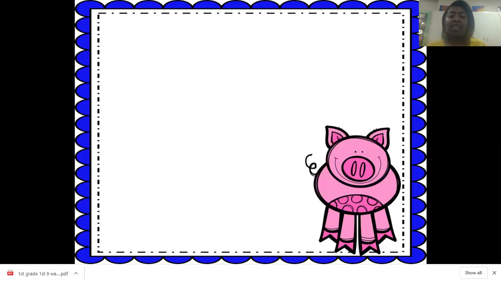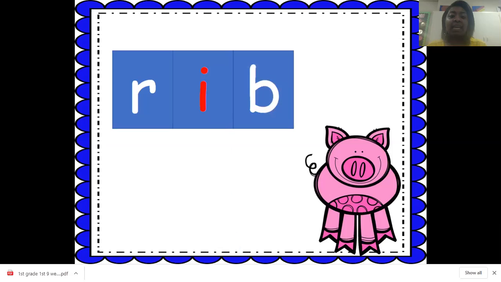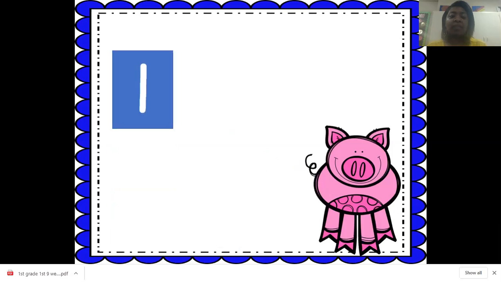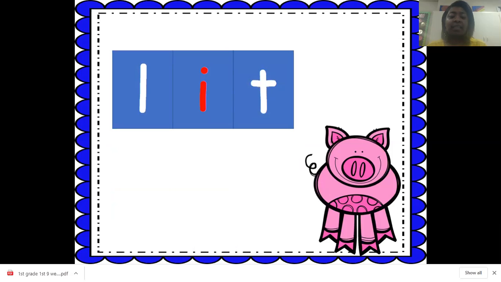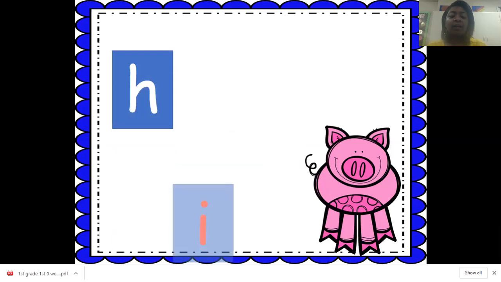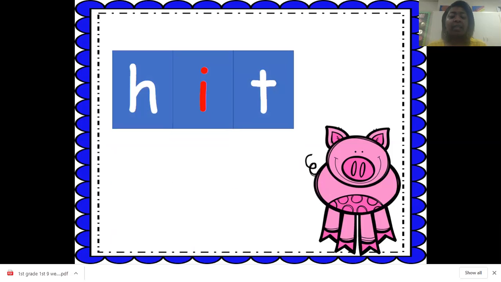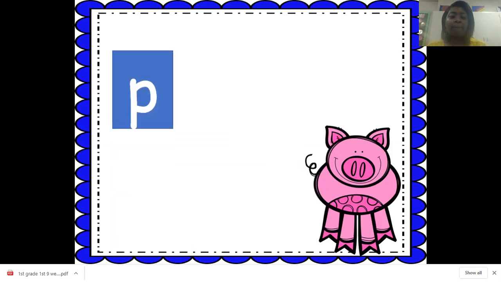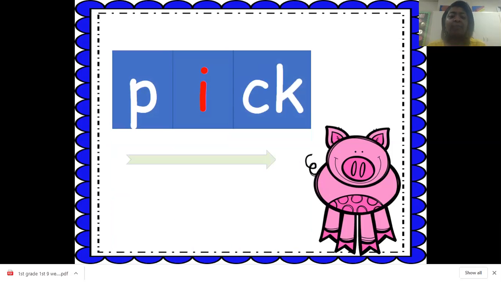Our words. See if you can do this with me. All right, when you see the letter appear, say the sound. R, ib, rib. L, it, lit. H, it, hit. P, ick, pick.